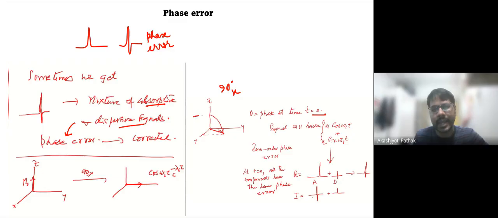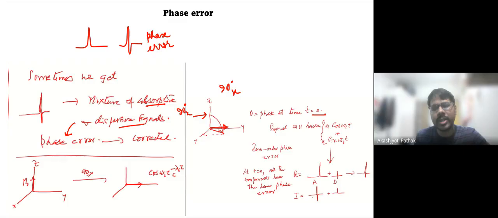When you are applying the 90-degree x pulse, you want the entire z magnetization to come to the transverse plane, either to the y-axis or to the x-axis. But if there is a tilt in the application of the RF pulse, and it is not exactly at that particular position, then your magnetization will not exactly come to the y-axis.